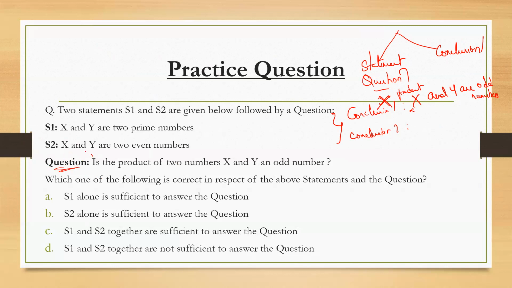Here it is a question that has been asked. ठीक है, आपसे बस ये पूछा गया है कि is the product of x and y an odd number. क्या xy odd है कि नहीं? Are you getting this? Is it or not? So if you can say yes or if you can say no, that answers my question.